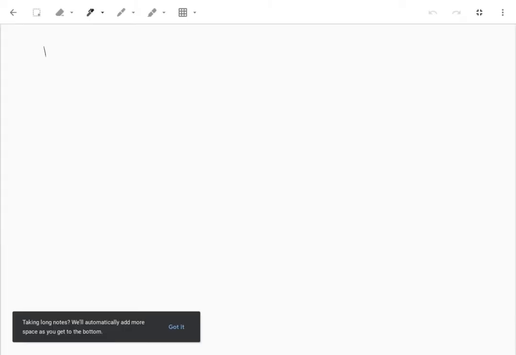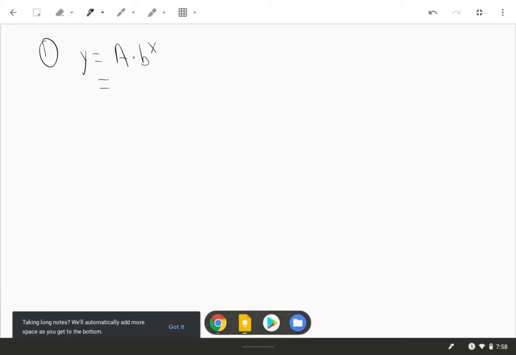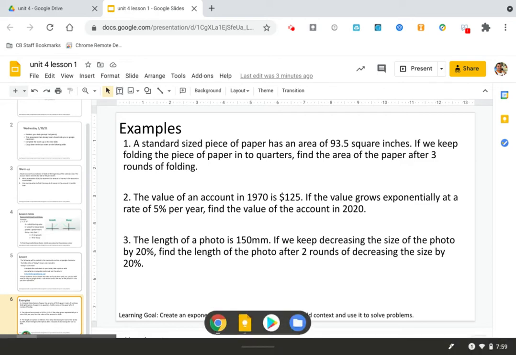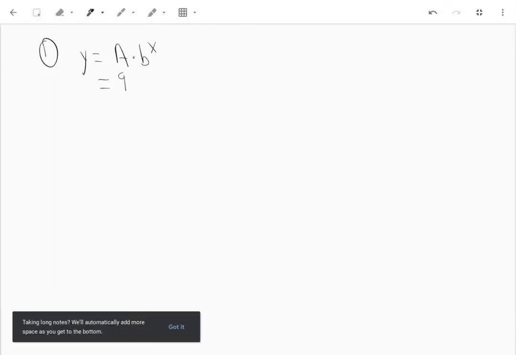So, number 1, so we're going to, again, fill in our formula here. So A, again, is our initial value. So in this case, that's going to be the initial area of the piece of paper. So a standard-sized piece of paper has an area of 93.5. So A is going to be 93.5. Okay.